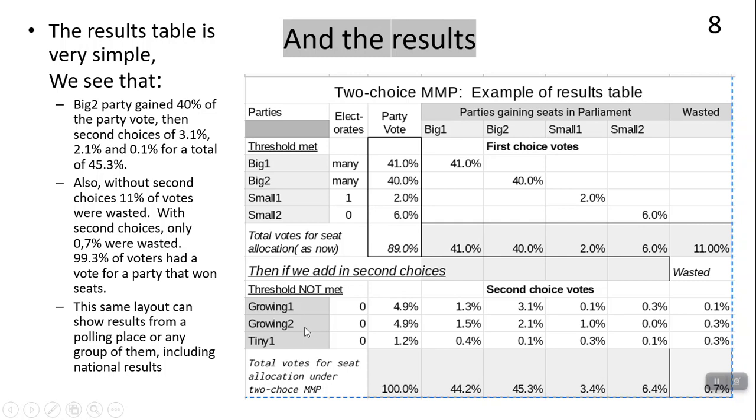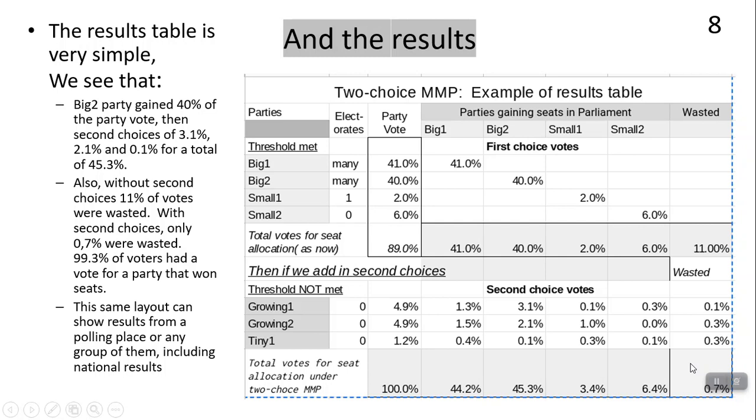But if we add in the second choices, because we had these three small parties, Growing 1, Growing 2, and Tiny 1, that did not pass the threshold, and we allocate their second choice votes, as I've shown, you will get some new total percentages, but with the wasted vote dropping to 0.7%.